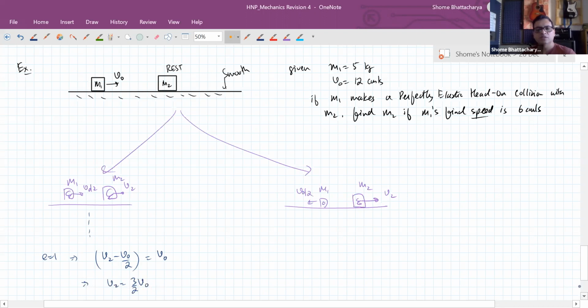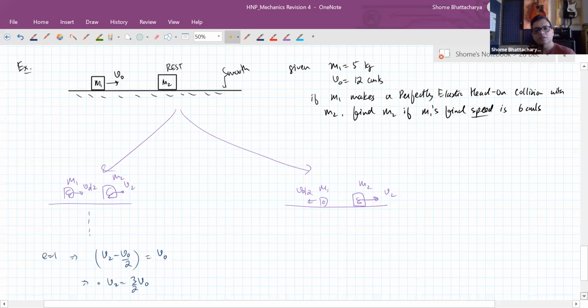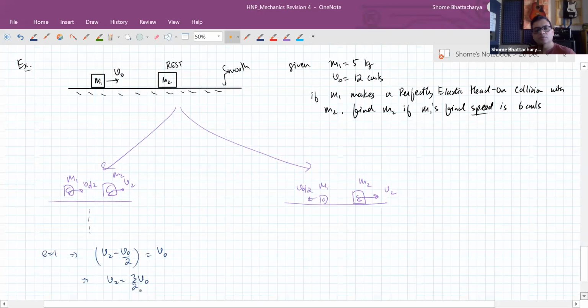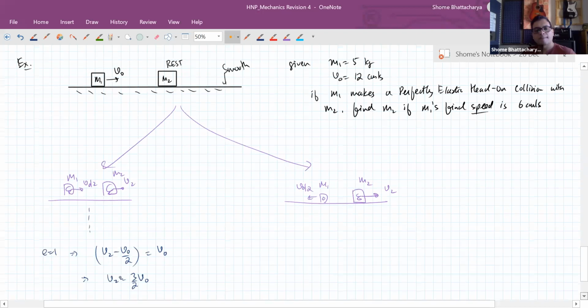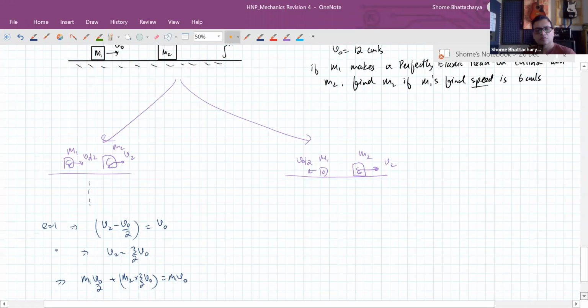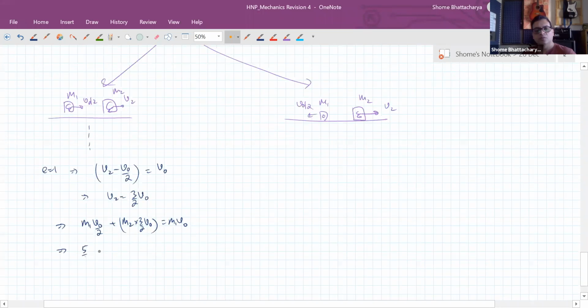And then use momentum conservation. So m1 into v naught by 2 plus m2 into 3 by 2 v naught has to be equal to m1 v naught. So 5 by 2 plus 3 m2 by 2 has to be equal to 5. m2 is 5 by 3 kg.